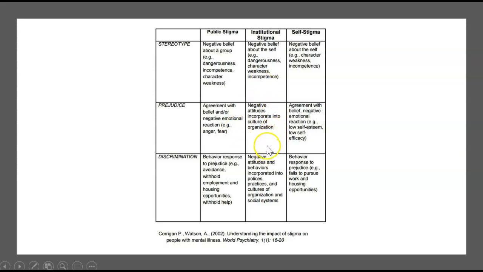On the institutional side, these negative attitudes, which may be connected to very specific, memorable negative examples of the stereotyped group, these negative attitudes and emotional responses become kind of embedded in the culture of organizations.